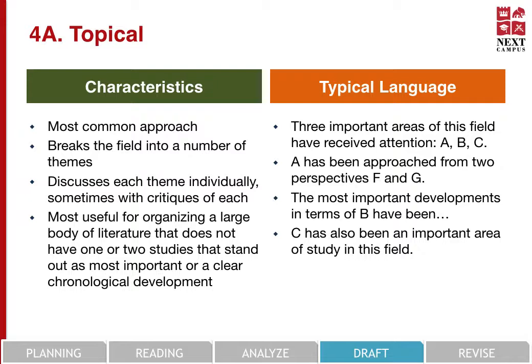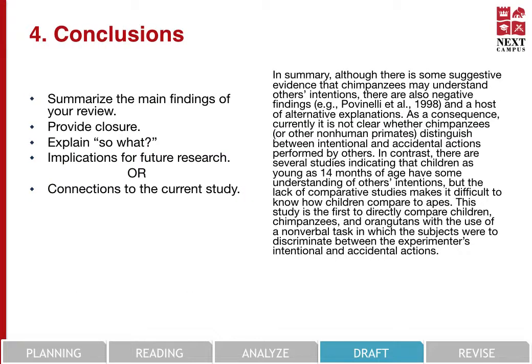The topical structure is also useful to bring a large amount of literature and arrange it under a few topics which are very clear for the reader to follow. So that's one area of drafting, and now let's look at conclusions. What is a conclusion?